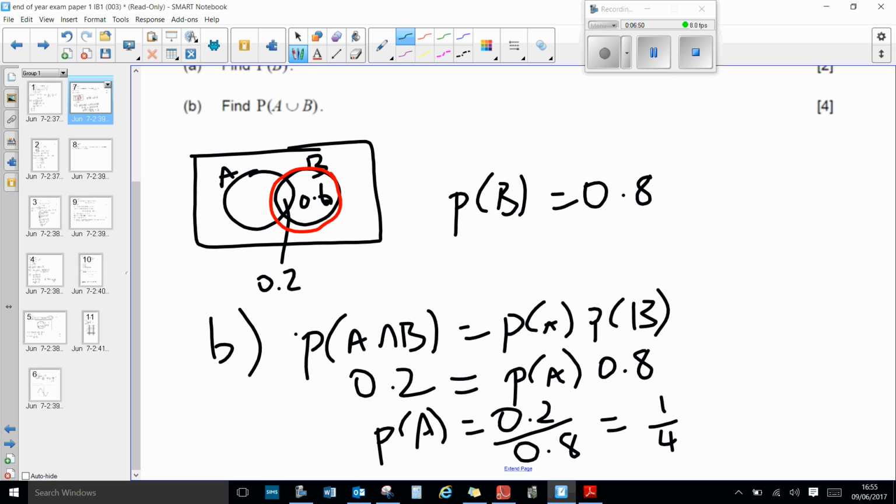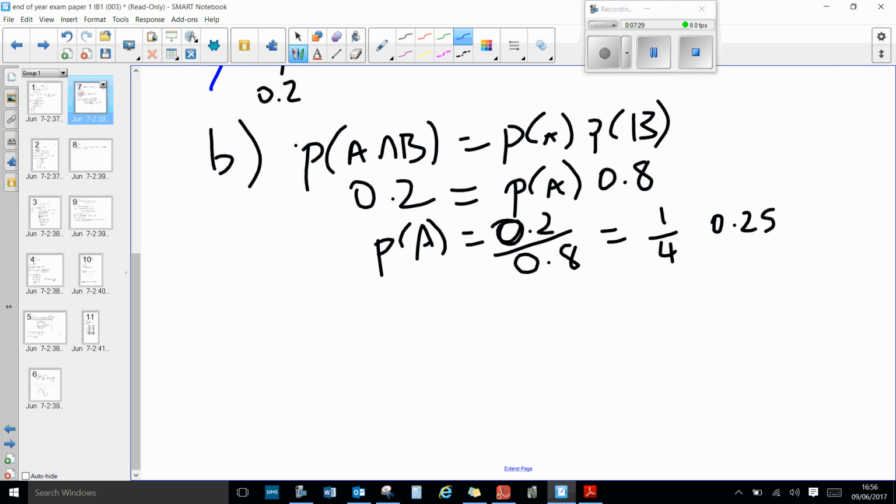Would you have been happy doing that? Basically I've ignored the 0.2, I've just taken it as 2 over 8, and that simplifies to 1/4, which is obviously also 0.25. You have to do this out of a calculator, so I hope you're okay with that. So we know the probability of A completely is 0.25, which means if we put that into our Venn diagram, this part here was 0.2, so this is 0.05.